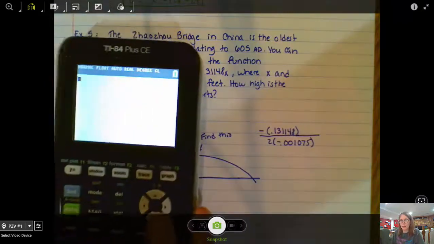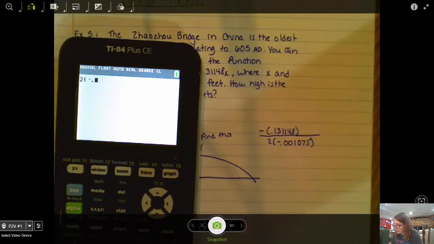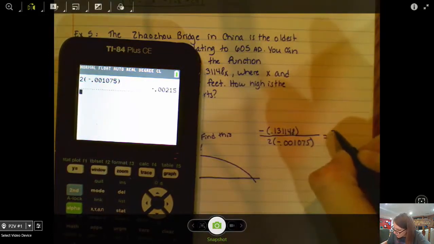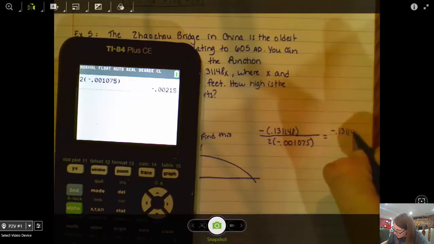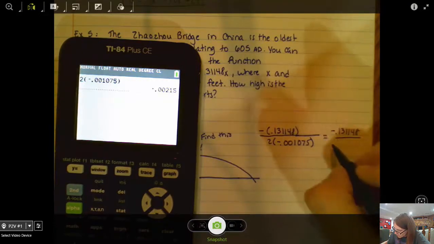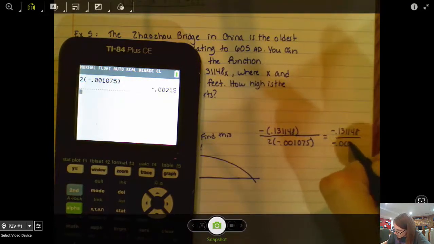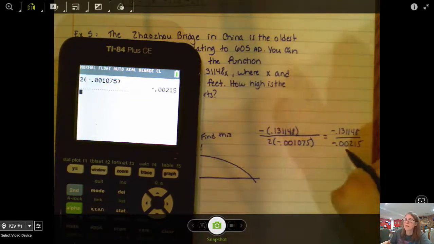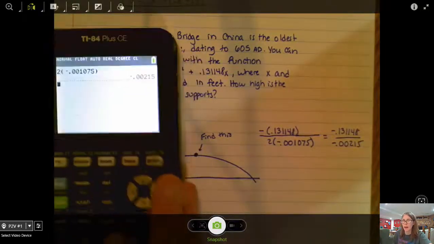I will take 2 times negative 0.001075 and get negative 0.00215.